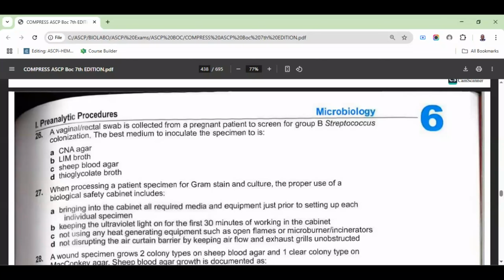So now, for this woman, Streptococcus agalactiae has colonized her vaginal or rectal area. The media to inoculate the specimen are CNA, LIM, sheep blood agar, and thioglycolate broth. Which one is best for group B streptococcus?